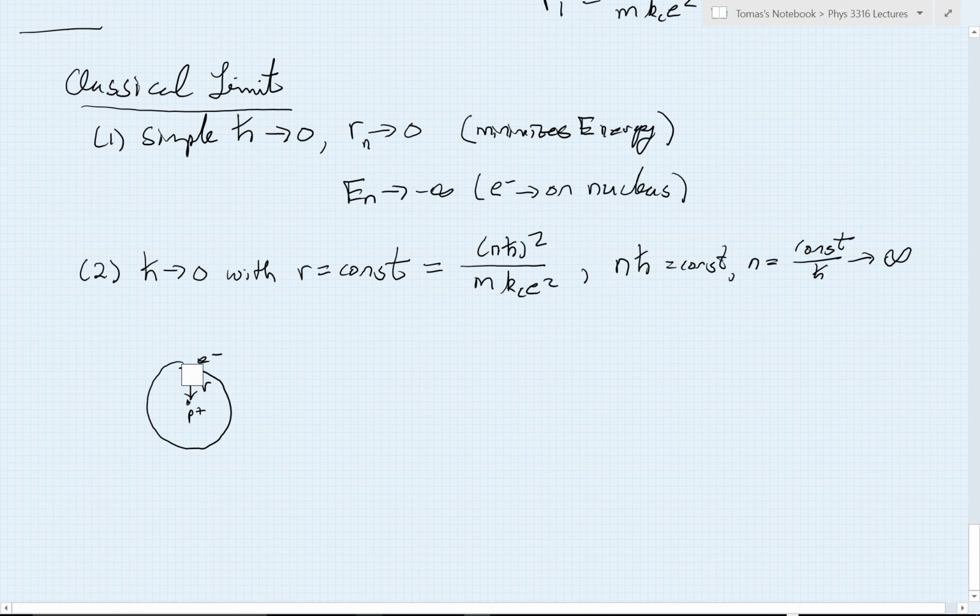And that will then allow me to think about this orbit as an orbit involving some very large quantum number. And then the question is whether or not this type of situation, with this kind of interesting limit where n is heading to infinity, h is going to 0, but their product stays constant in such a way that I just maintain a simple orbit while I slowly switch off my quantum mechanics. And the question is, as I do that, can I recover all of the classical physics behavior of this atom?